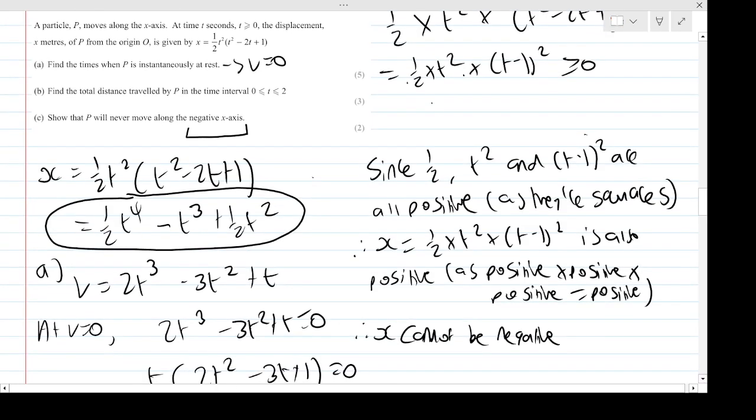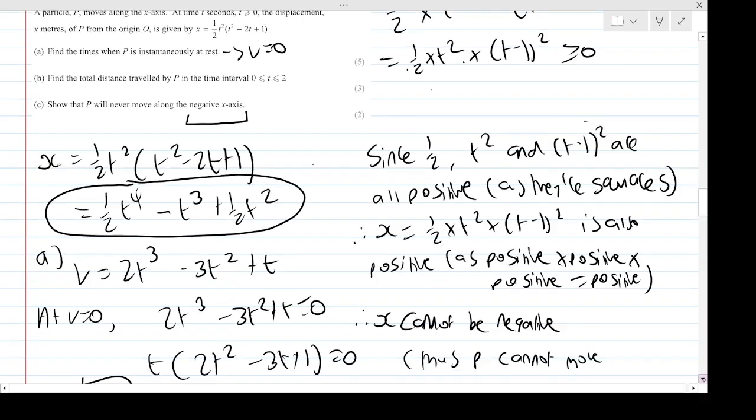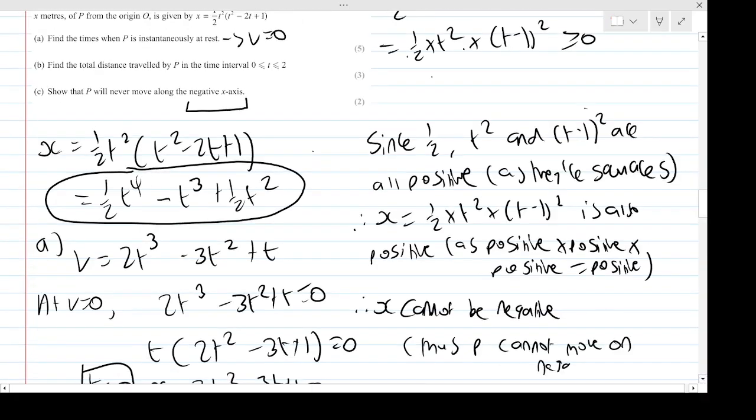Okay, and that's really it. So therefore p cannot move on the negative x-axis. And there we are. So quite a weird question that is, quite a tricky one actually, but there we are. So hopefully that made sense there.